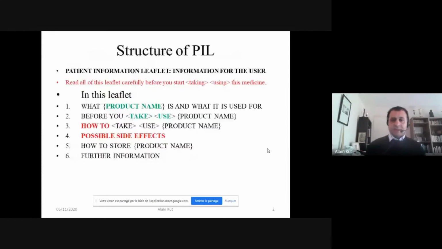Just before starting, you know that SMPC is the summary of product characteristics in European format, and it corresponds to the US product information, or USPI.